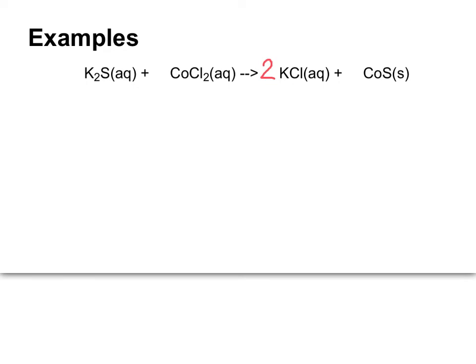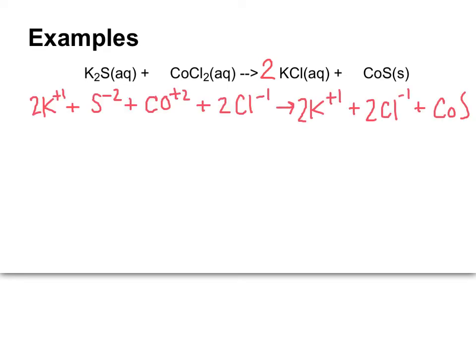The next step is to write the complete ionic equation by taking the 3 substances with an (aq) after them and splitting them up into their ions like this. A few things to point out about the complete ionic equation is that only substances that are labeled as aqueous are split apart.